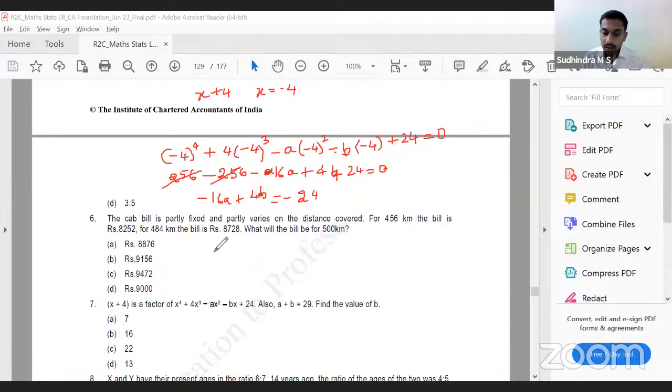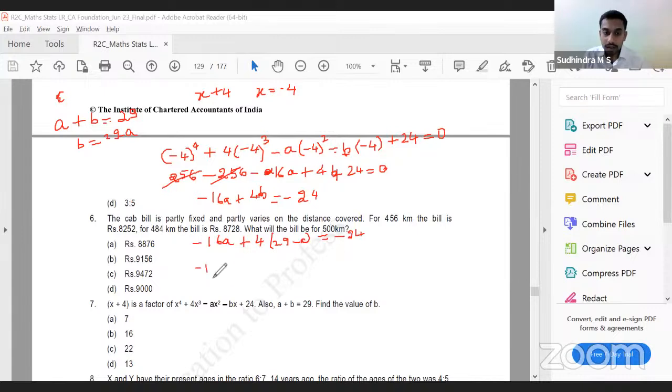You can always see they have given us a plus b is 29. If a plus b is 29, can I consider b as 29 minus a? Substitute that in this equation. Minus 16a plus 4b, instead of b, 29 minus a is equal to minus 24.